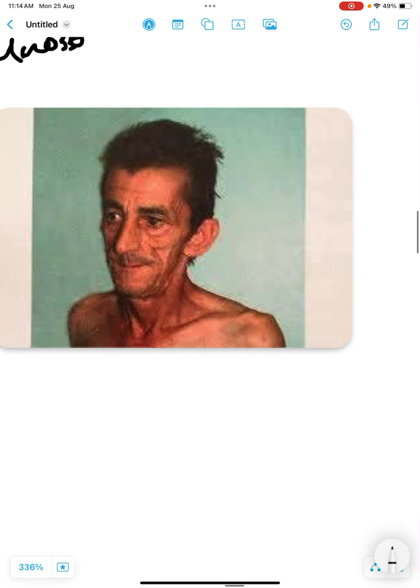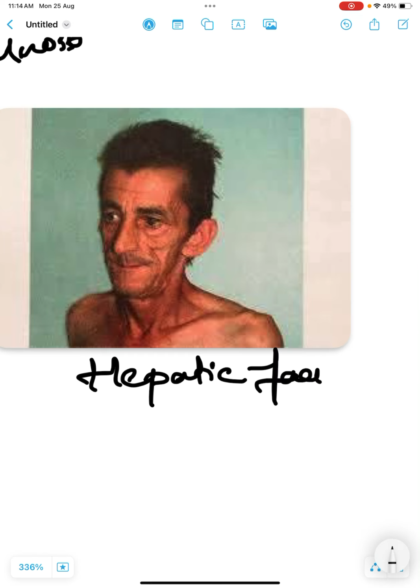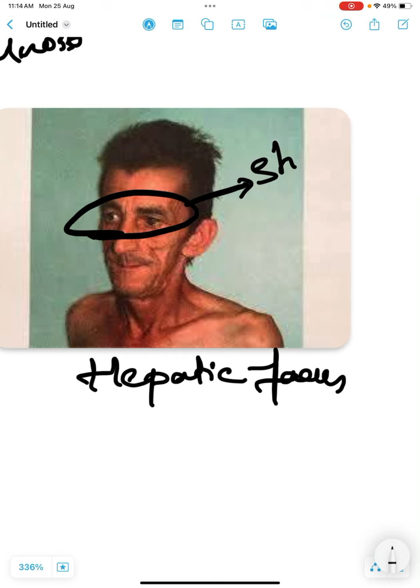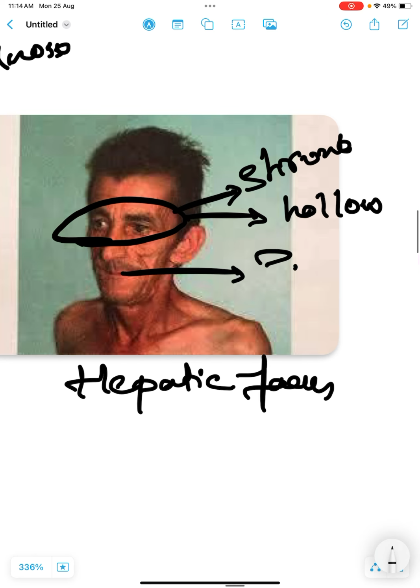Now come to this. What is this? This is a feature of hepatic faces. Hepatic faces. Eyes will be shrunken. The temporal side of the face will be hollow. The lip is parched.